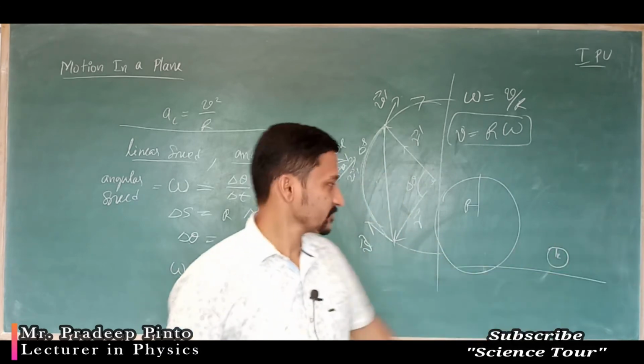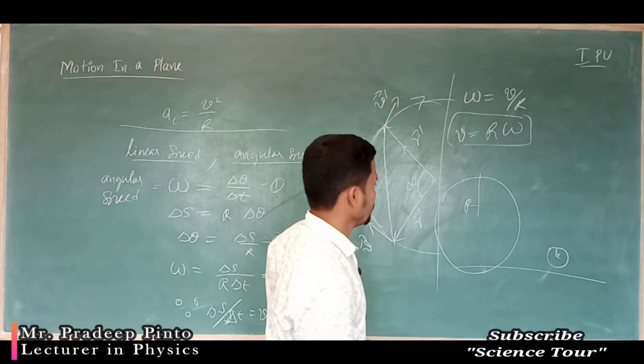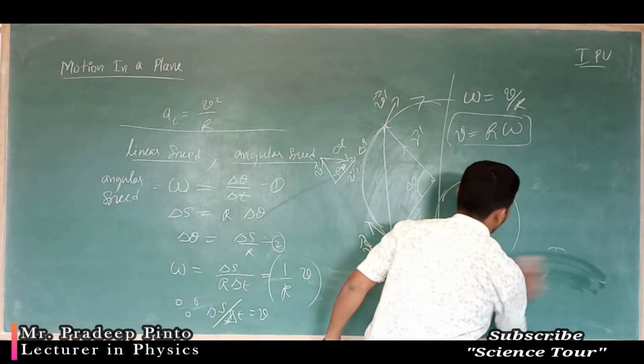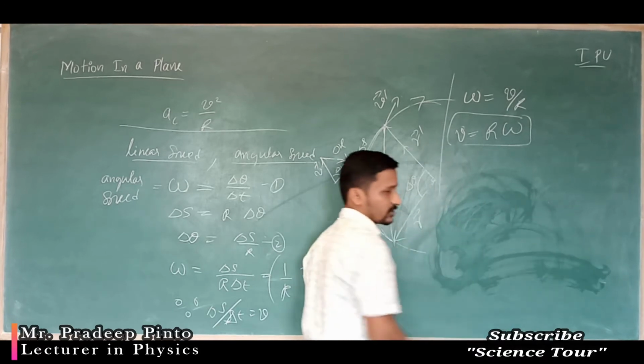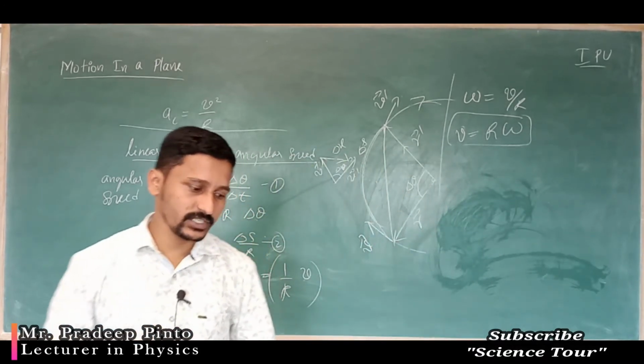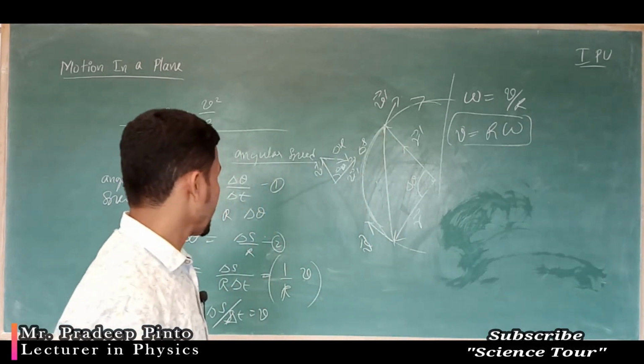Who is faster? The bigger one, because V is equal to R omega. So V is equal to R omega, and in this way we can find out the velocity.